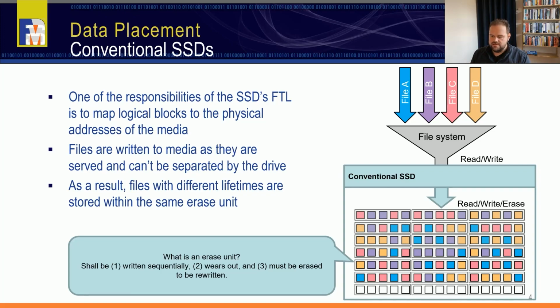An erase unit is effectively a set of flash blocks, which you must write to sequentially. They wear out. You can only write to them a certain number of times, and whenever you want to get to the next part, they must be erased before you can rewrite. It's the erase part that determines how many times you can erase.